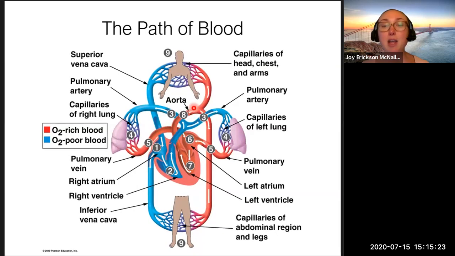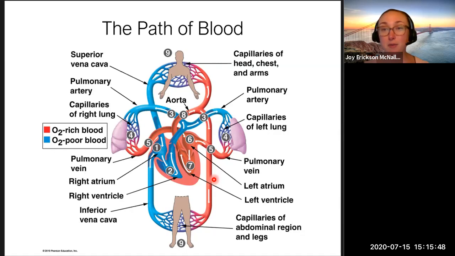Part 9, the aorta branches into coronary arteries that supply the heart and several large arteries that lead into the upper and lower body. And within each organ, we have arteries that branch into arterioles, which branch into capillaries that penetrate the tissues and allow gas exchange.